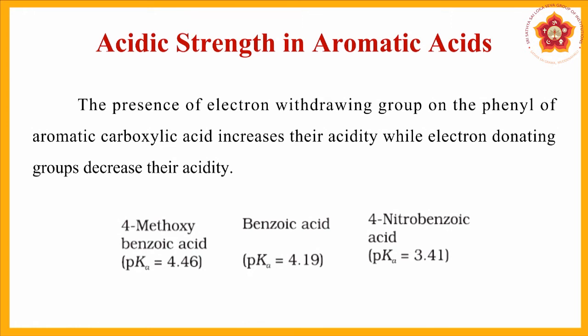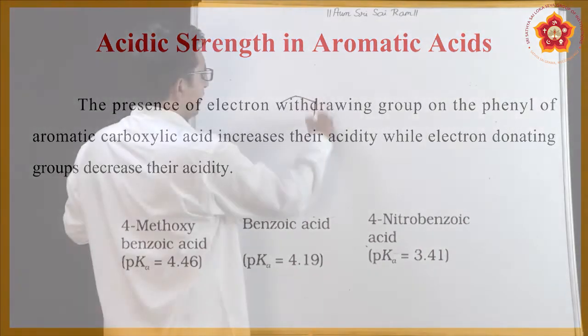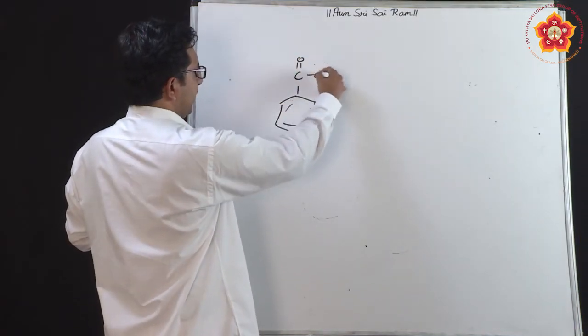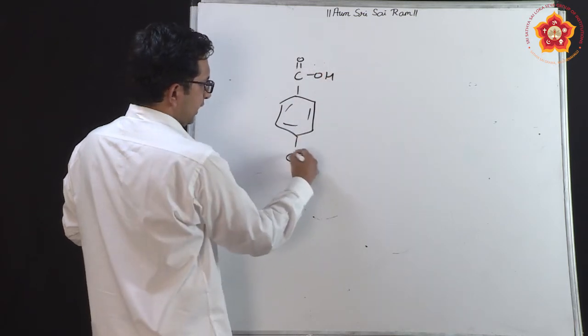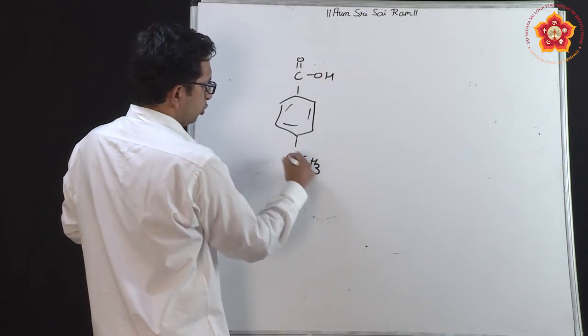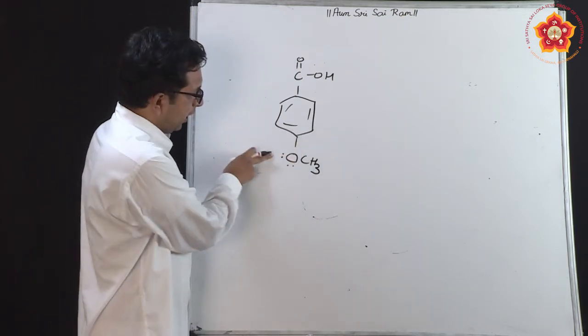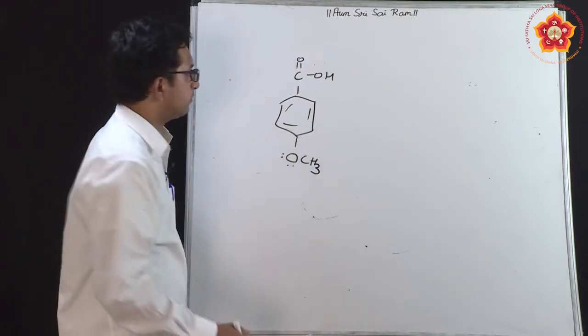So what we are going to do now is take a comparative study of various benzoic acid molecules, generally the substituted ones, where in the first case I will take benzoic acid and substitute it with an electron donating group. OCH3 is the methoxy group. This is electron donating because electron concentration is very high here.